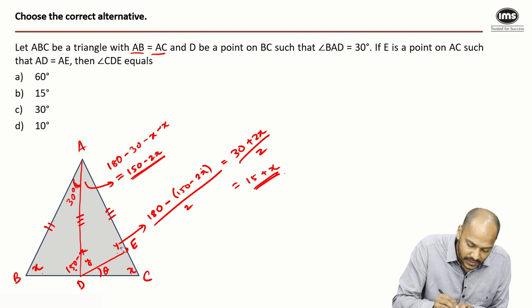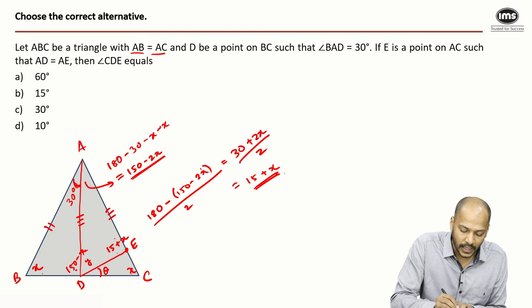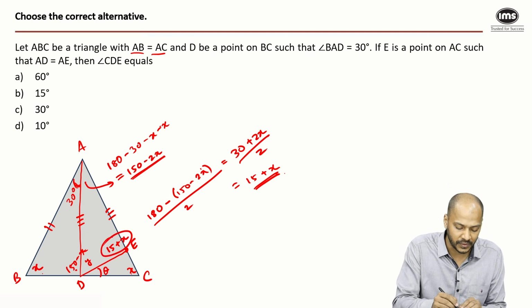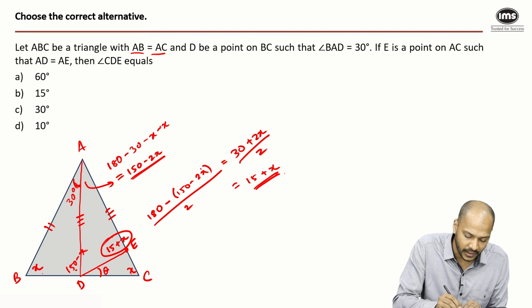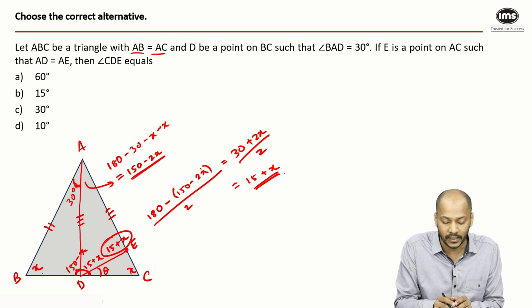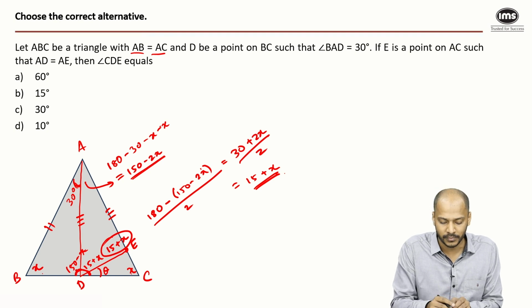So this angle is 15 plus x. Now, how does this help me get to the answer? You could have written the equation that 150 minus x plus 15 plus x plus theta is equal to 180 degrees, because this is a linear angle, and the angle of a straight line is 180. But I'll give you an easier approach.